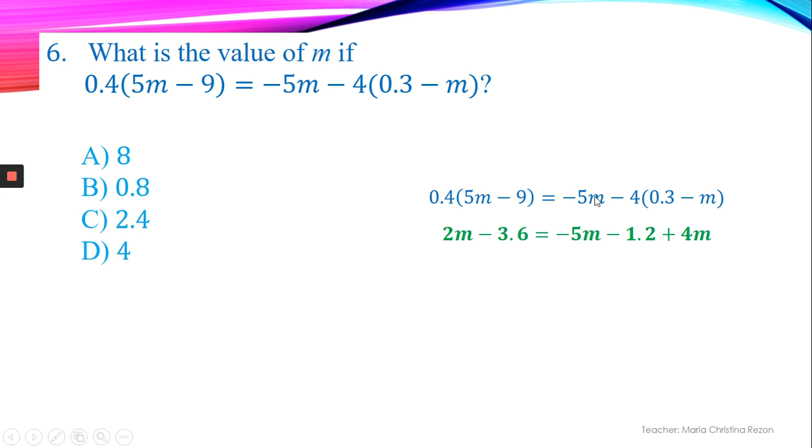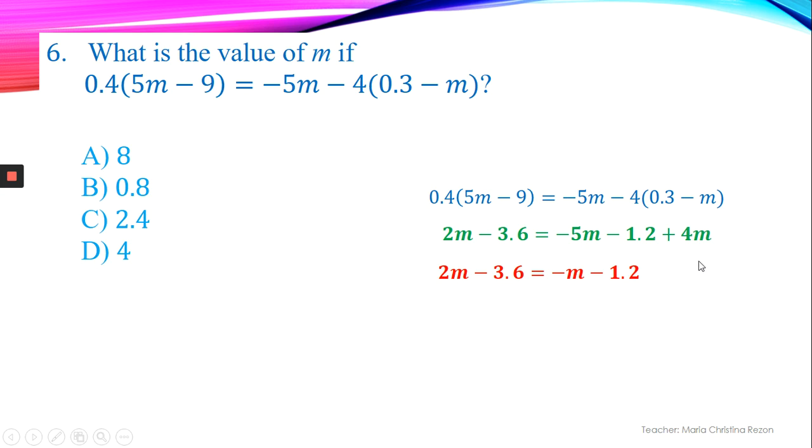Then we do not do anything with 5m still. So you will have minus 4 times 0.3, that gives you negative 1.2. Negative 4 times negative m is 4m. Then we simplify negative 5m and 4m, that is negative m.